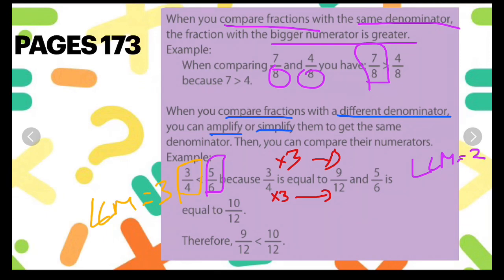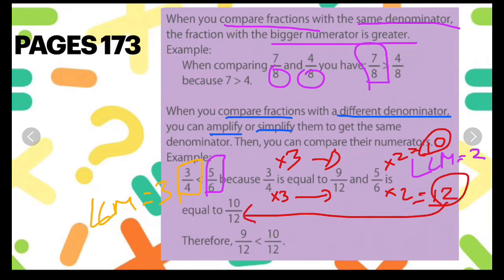Why? Because if you multiply 5 times 2 equals 10, and 6 times 2 equals 12. This fraction equals that. So that's why they're now comparing these two, the ones you have at the end.